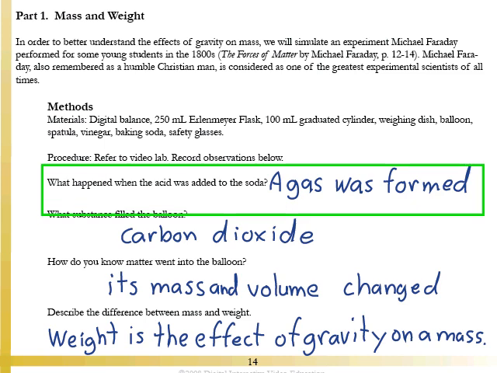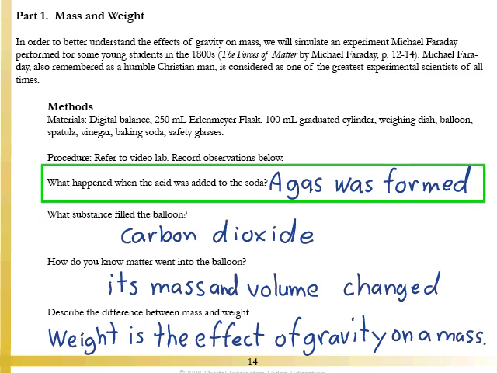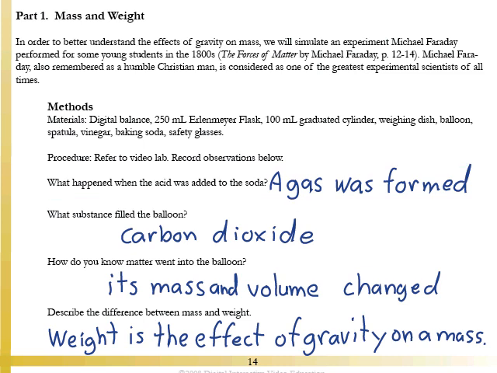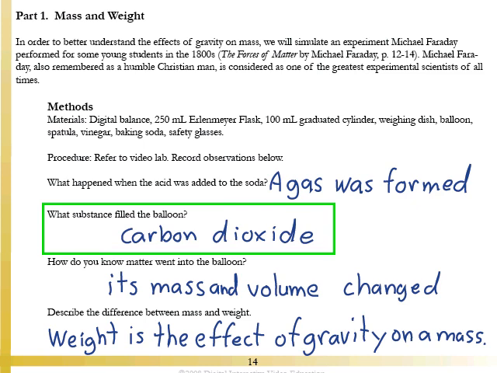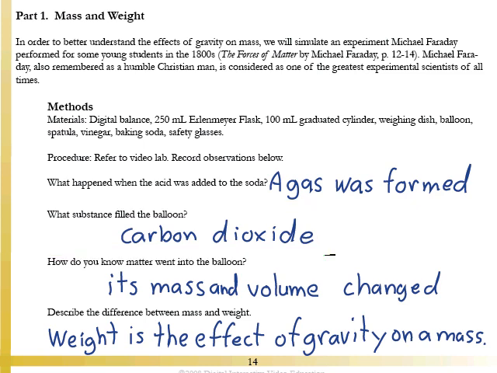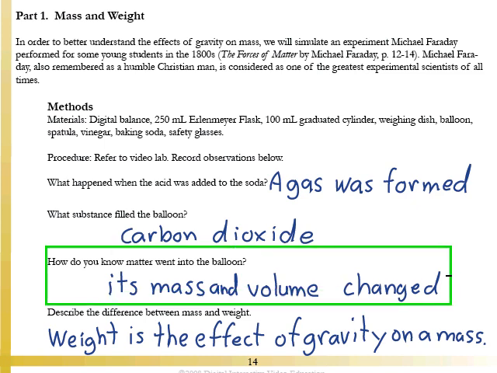Okay, so when the acid was added to the soda, a gas was formed. And we could tell that by the bubbles that formed and the fizzing that was taking place. And carbon dioxide, that was the substance that filled the balloon. And we know that matter went into the balloon because its mass and volume changed.